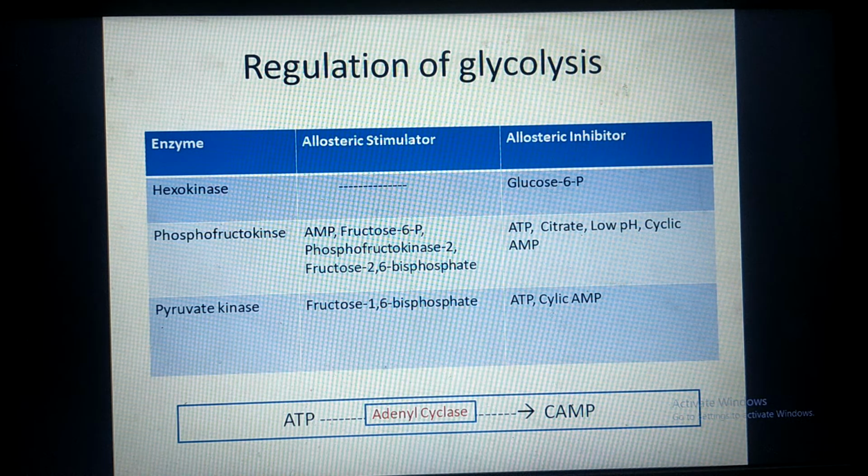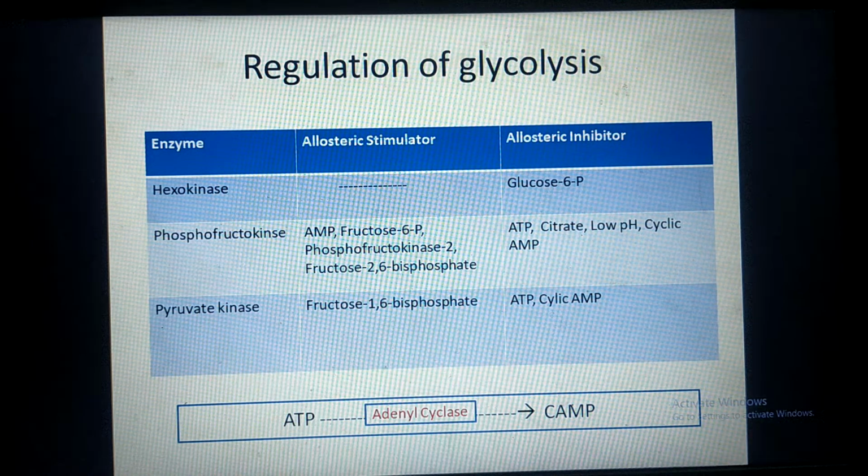Fructose 6-phosphate is a substrate of the enzyme phosphofructokinase. When its concentration increases, as I have told you, the substrate always stimulates the enzyme, so fructose 6-phosphate stimulates phosphofructokinase.